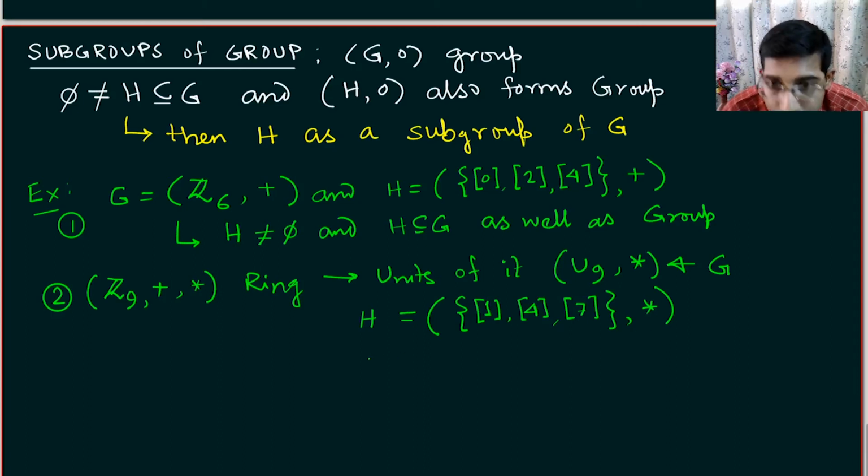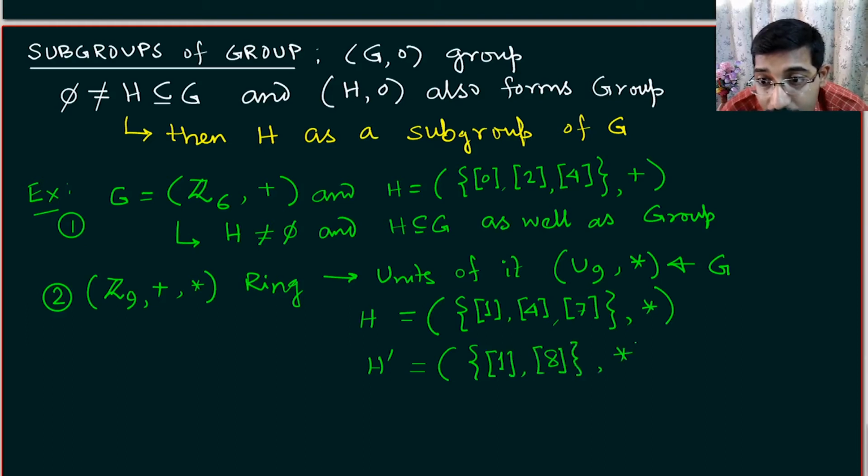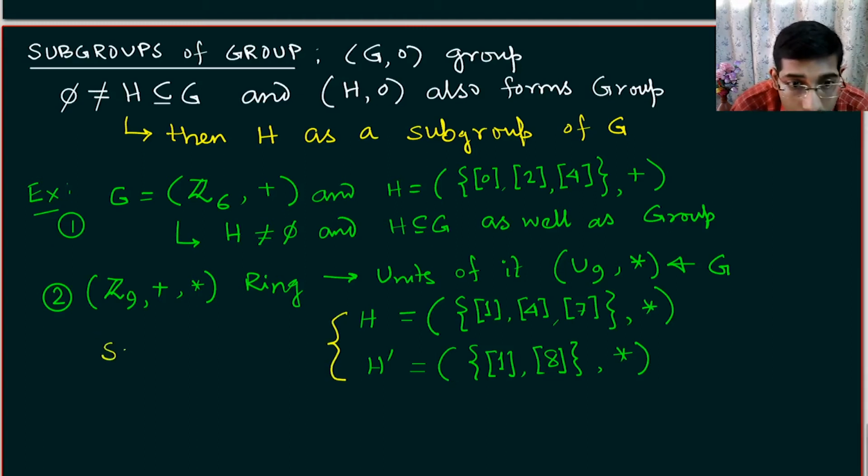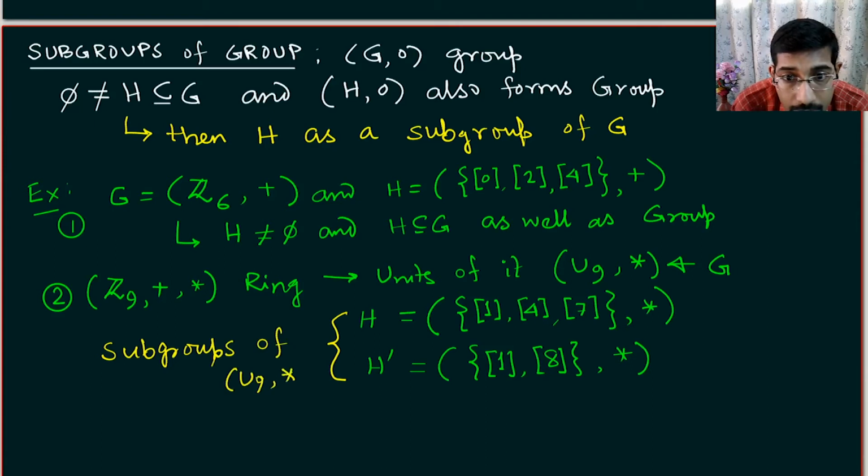I can also take another set H dash as another subgroup, which is 1 and 8. 8 has inverse 8, so I can take itself and form another subgroup. So all these are subgroups of U9 with star.